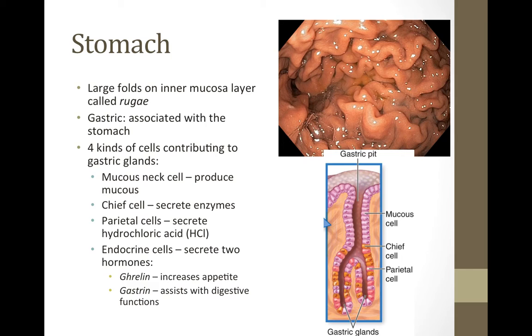I want you to know what these hormones do and what they're responsible for. First, you have ghrelin, which is going to basically create the sensation of hunger. Second, you have gastrin, okay? And gastrin is going to help in the digestive process inside your stomach.